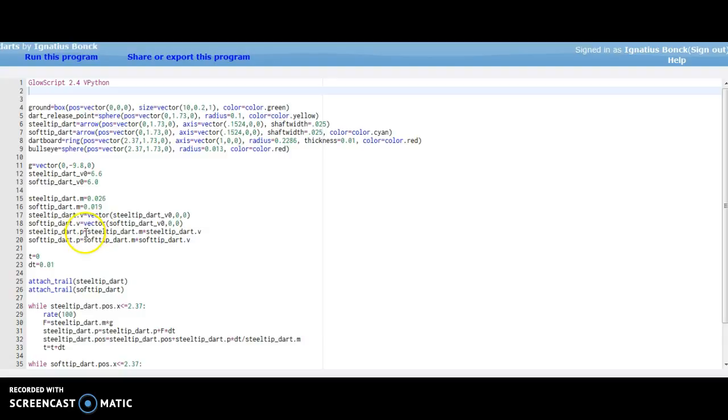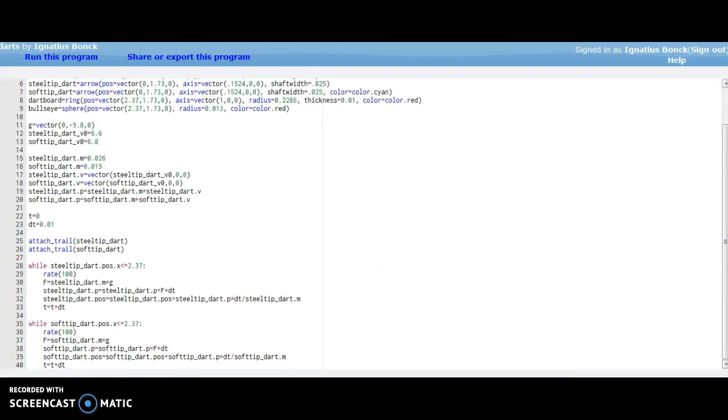Next, for each of the soft tip dart and the steel tip dart, I'm going to use the momentum update formula. We have the start time at 0, and we're going to use really small time intervals. The time step is 0.01 seconds, and we attach a trail to each dart for better visualization.